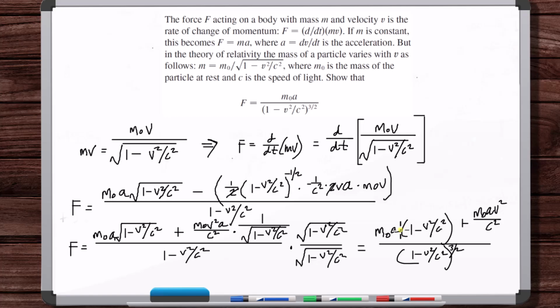But if you notice, if we distribute this here, we're going to get m naught a minus m naught a v squared over c squared, and then plus m naught a v squared over c squared. So this simplifies to just m naught a.